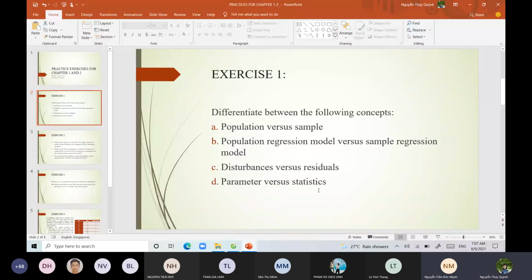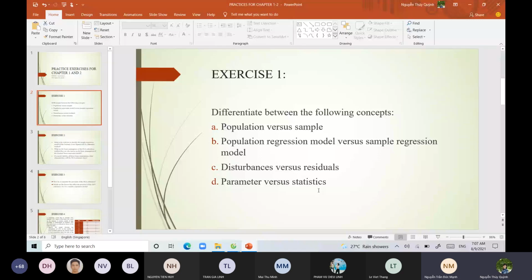Actually, we have one population of interest when we do a research, okay? And how many samples can we take from the population? I think there are many samples when we do a research, and I think the more samples, the better the result we get.